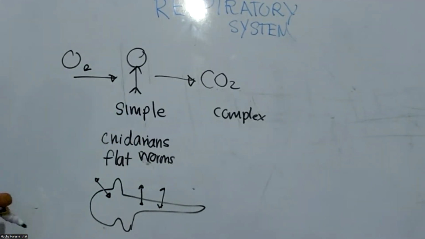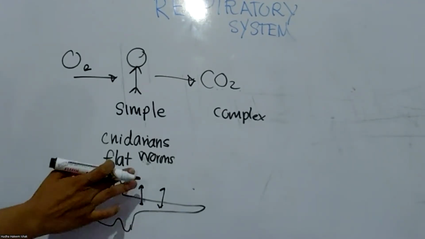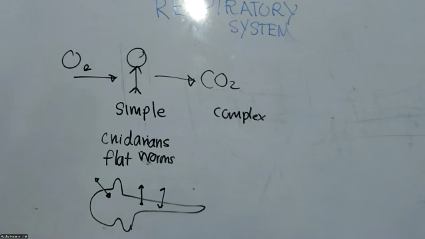Because they are simple, their body surface area is very small. Therefore, these body cells are in direct contact with the external environment, especially in cnidarians and flatworms. You all have to be very thorough with the terms they use in the resource book, and the examples as well.